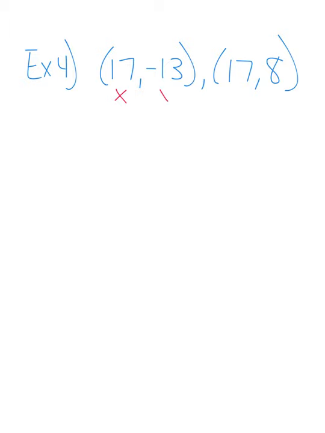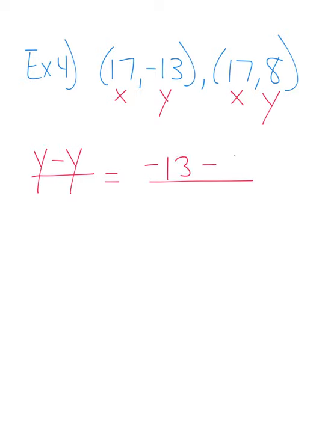Again, the process is the same. Please label them xy, xy. We are going to find our slope, given these 2 points, and we're going to have our y's in the numerator. And let's go ahead and look at those y's. It's -13, take away 8.